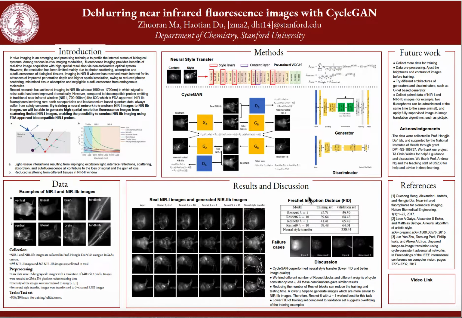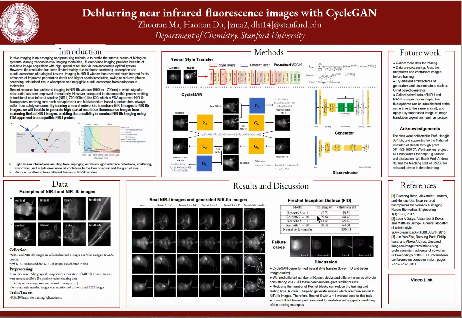To analyze the results more quantitatively, we calculate the Frechet inception distance, or FID, between the generated near IR2B image and the real near IR2B image. A lower FID means better image quality. And from this table here, we can see all the combinations of these hyperparameters behave roughly the same.